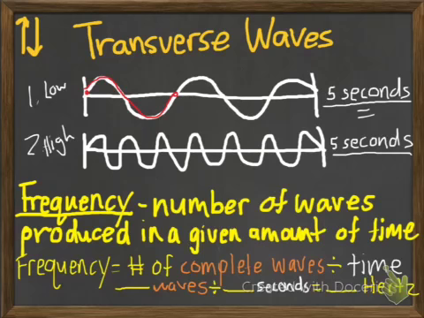So you made a complete pass. You traveled to the top of a crest, and then all the way through the bottom of a trough back to the beginning. That's what's called a complete wave. A crest and a trough together make a complete wave. So you count the number of complete waves. There we would have 1. Then starting where we left off here, we would have a second complete wave.